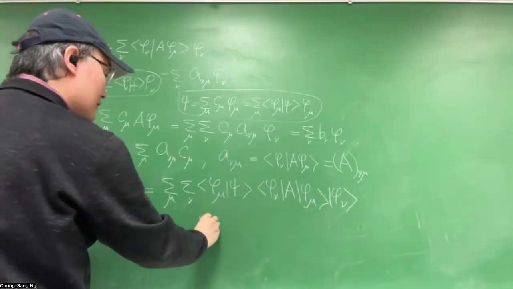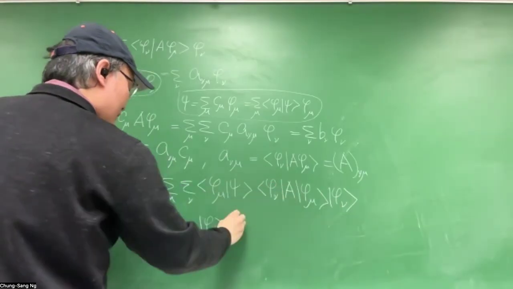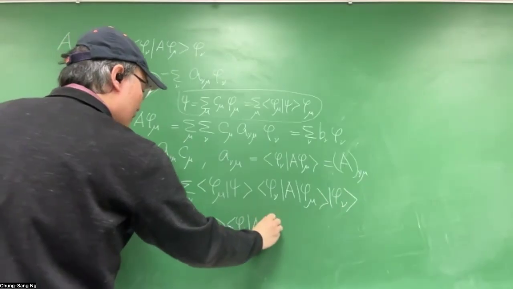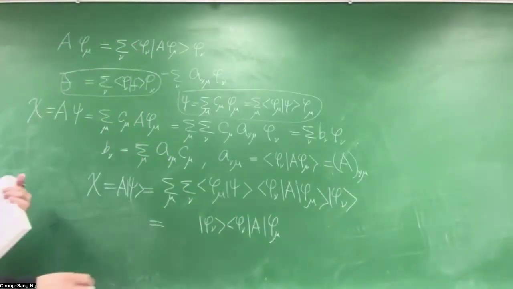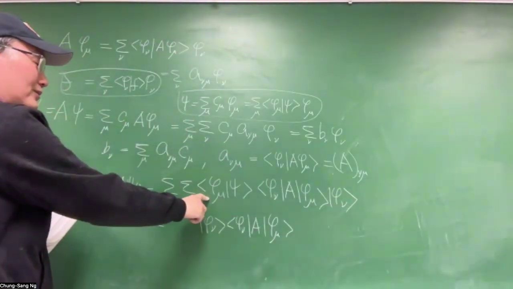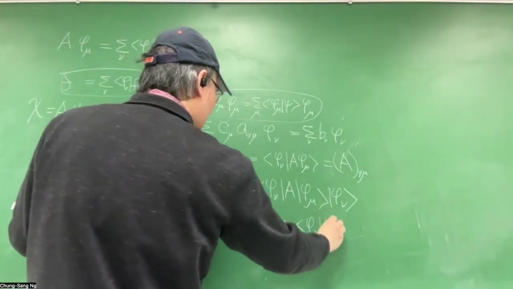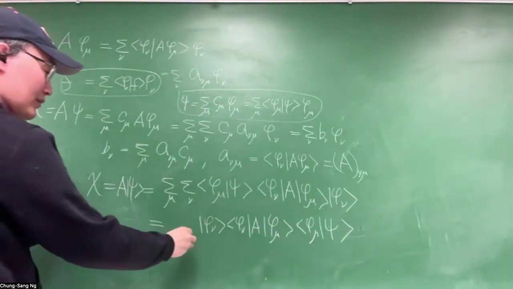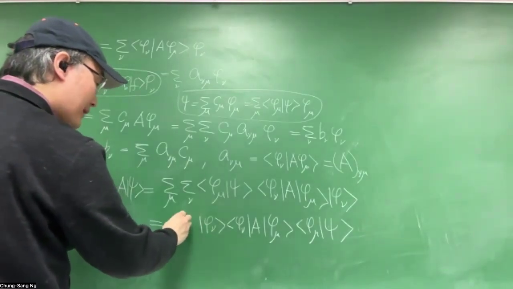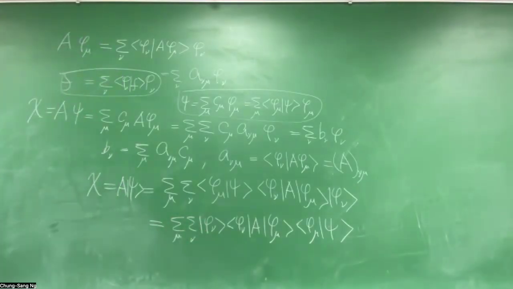So you find phi nu, and this object, phi nu, let's just put this number on the other side. That's fine. And this is also a number, you can put it on the other side. And there is a sum over mu and a sum over nu.